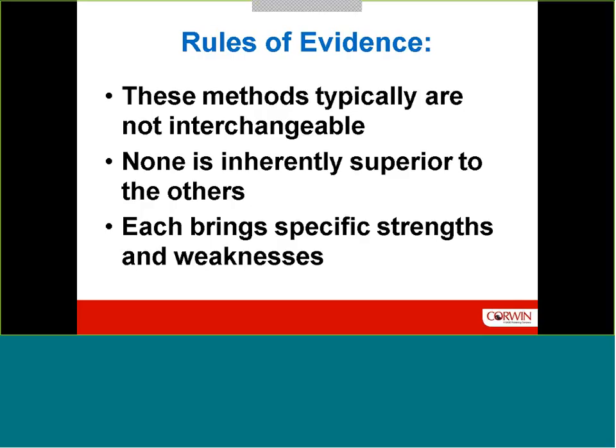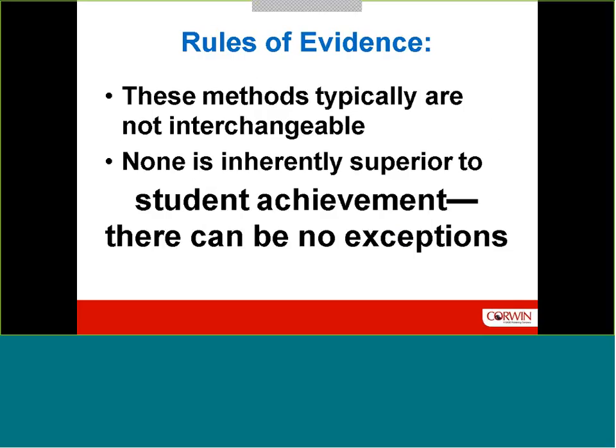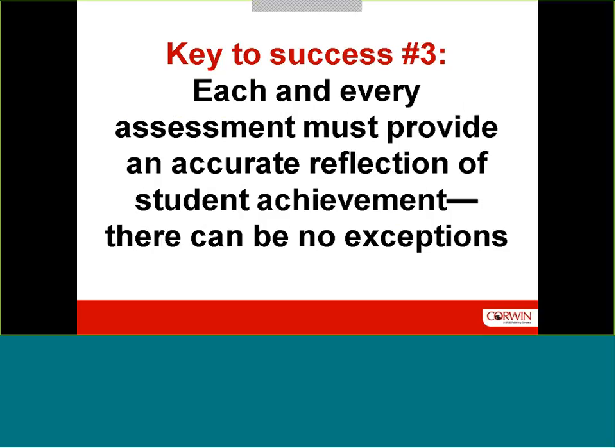Okay, so in this case then, the key to success number 3 is each and every assessment must provide an accurate reflection of students' achievement. I'm really fanatic about this. There can be no exceptions.